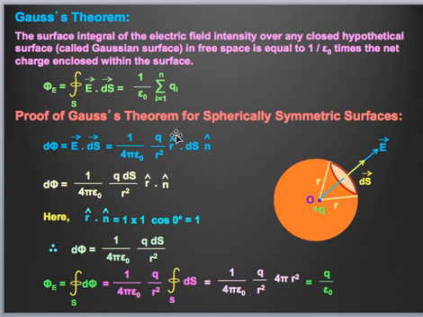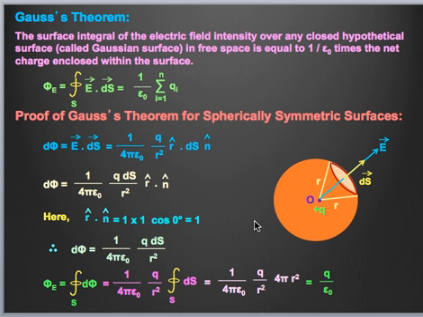Proof of Gauss's theorem for spherically symmetric surfaces. We have taken a spherical surface here and a small element ds. Suppose an isolated positive point charge plus q is situated at the center of the sphere of radius r, as shown in the figure.